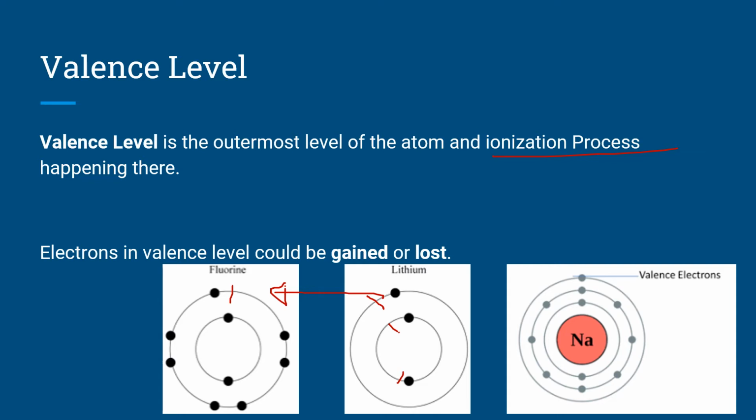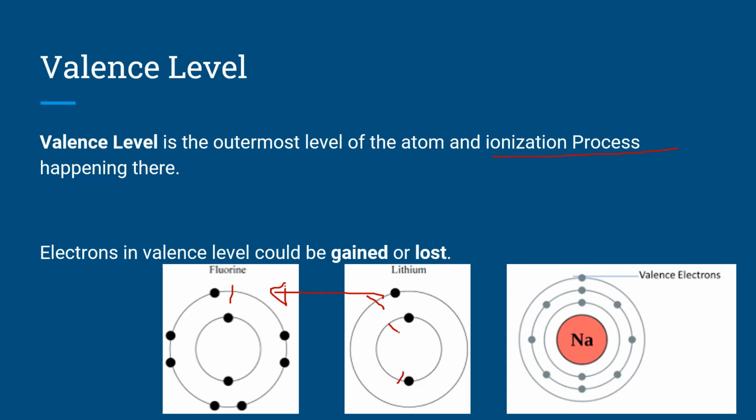By this process, we can say that the ionization process happened. The ionization process, which means losing or gaining an electron, happens inside the valence level. Simply, the valence level is the last level of electrons. So here we have one electron inside the last level.